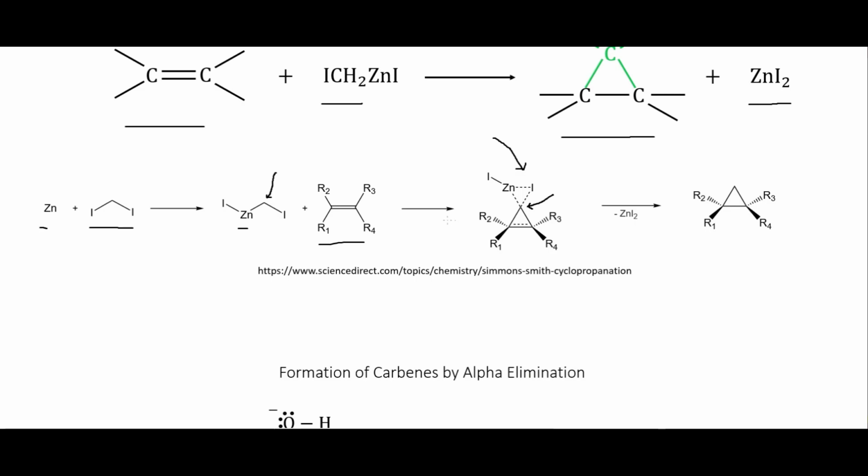That's going to bond onto this double bond right here. Then this zinc with the two iodines is going to leave from here. And so we end up with our cyclopropanation going on that alkene.